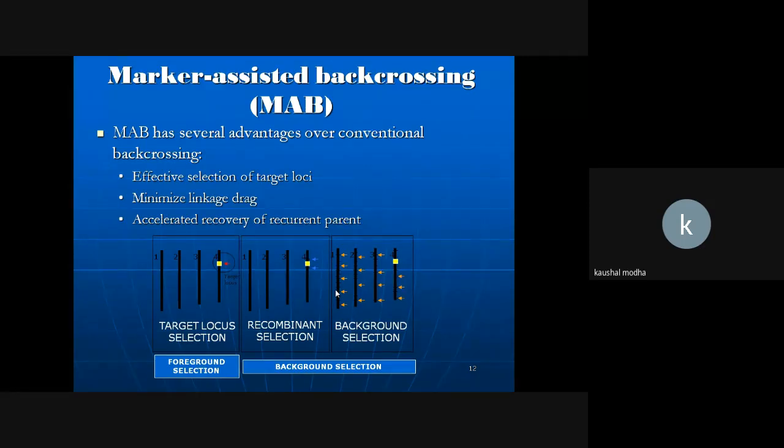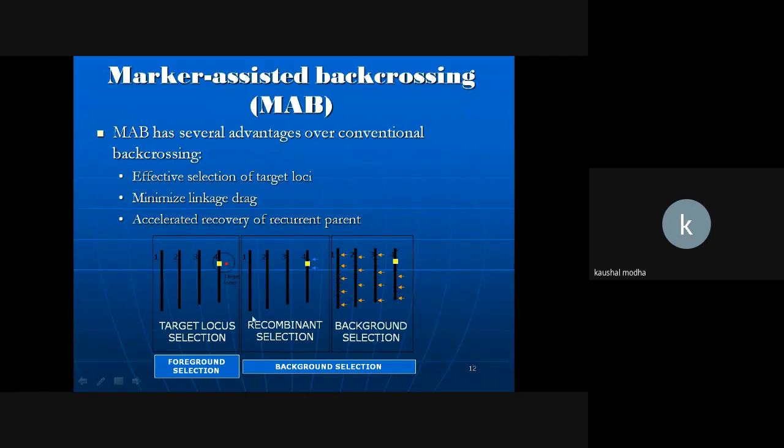So background selection is utilized to accelerate the recovery of the recurrent parent. If you genotype the backcross progenies carrying the target locus for these background markers, generally the microsatellite markers, and most of the alleles are from the recurrent parent, then you are sure that the recovery of the recurrent parent is higher.